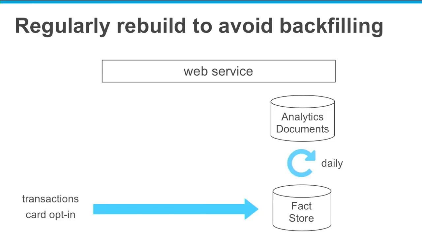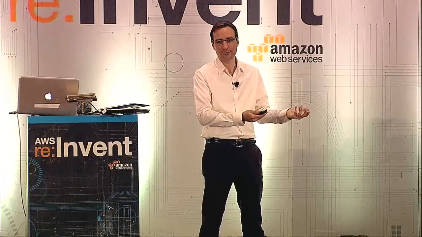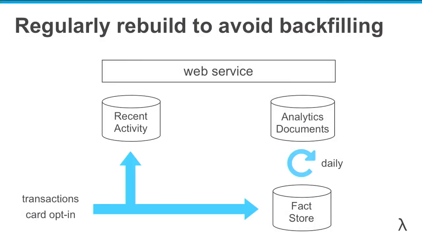Now, as a side note, I don't want any of you to leave thinking that this architecture only lets you build features that change once a day. That is the example that I gave you, the campaign insights. But we also use this batch processing architecture for more real-time features. And we do it by adding another database, a recent activity database.